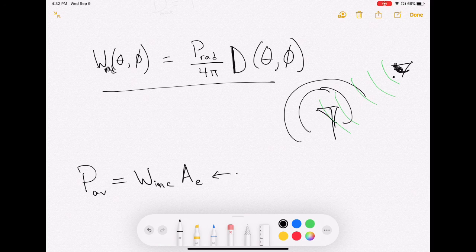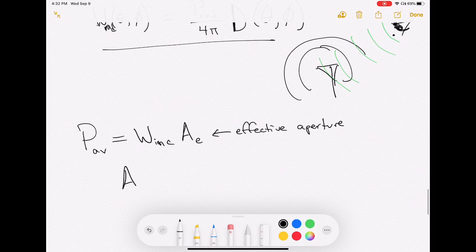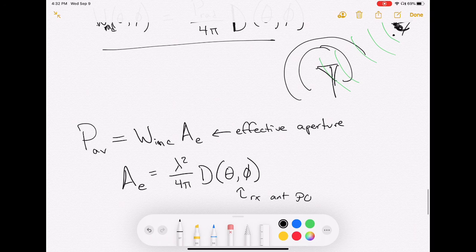What is effective aperture? Effective aperture is the wavelength squared over 4 pi times the directivity as a function of theta and phi, now from the receive antenna's point of view, which means that effective aperture is also a function of angle.